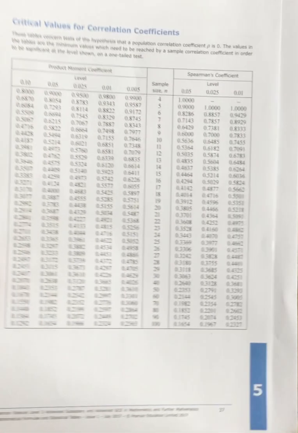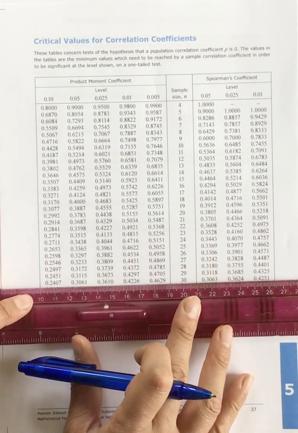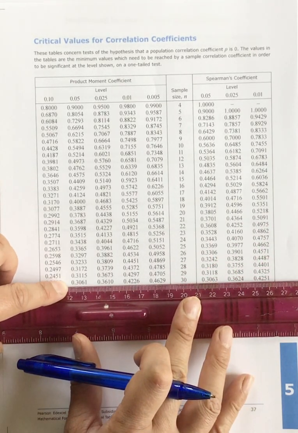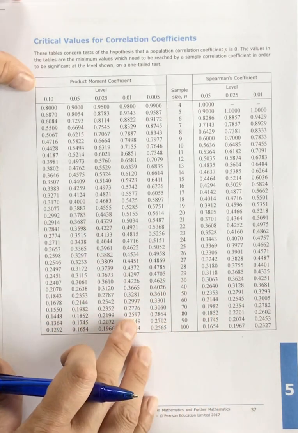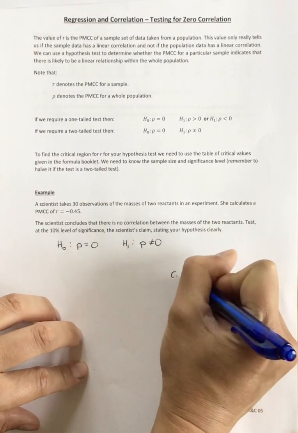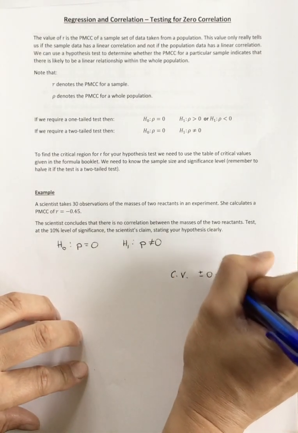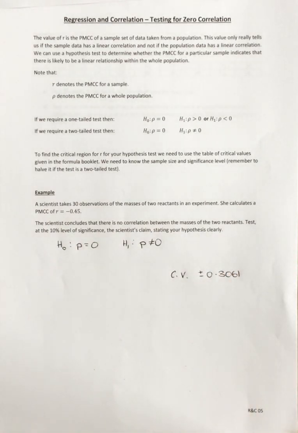She had 30 observations, so at the 5% level, our critical value is 0.3061. So our critical values are plus and minus 0.3061 because we're checking for positive and negative.